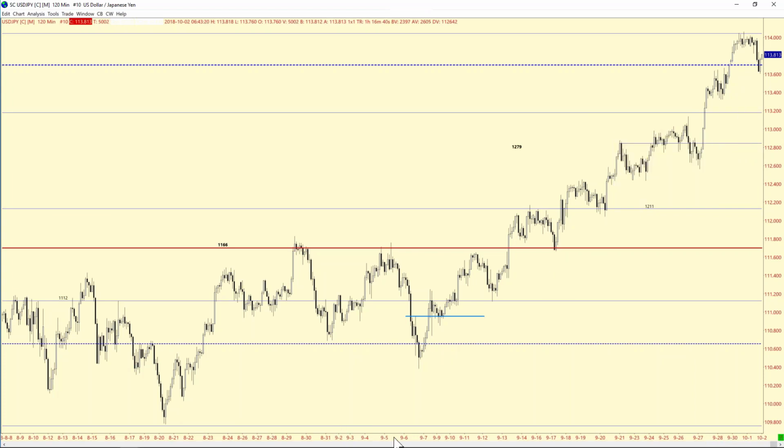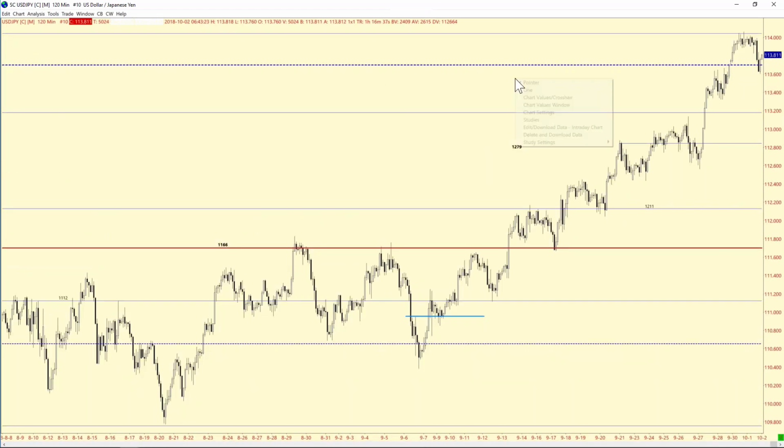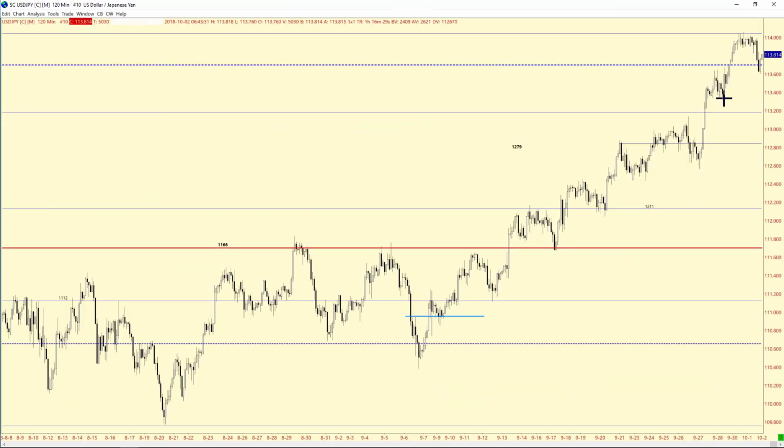But where can we come back to for support? There we go. We had the 13.37. This is very short support, but I think the market is susceptible. So you have to look at it if we do blast through some stops.